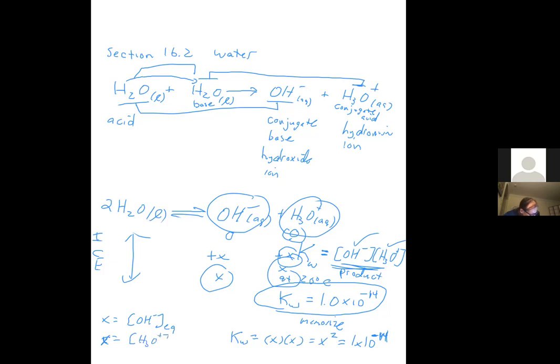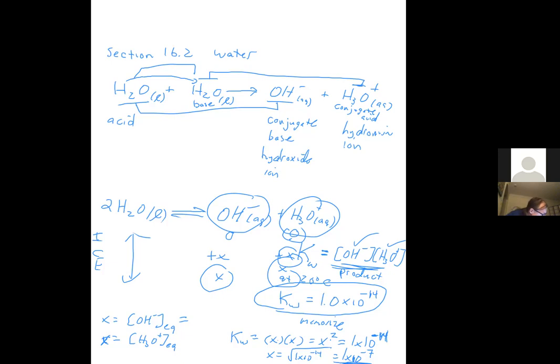So what that tells us is that if we just have water, we haven't added any acids or bases, these are equal to each other. So mathematically, here's what happens. If you have x times x, which is x squared, equals 1 times 10 to the minus 14, x is just the square root of that. So that's just 1 times 10 to the minus 7. So at equilibrium, hydronium and hydroxide in pure water is going to be x, which is 10 to the minus 7.